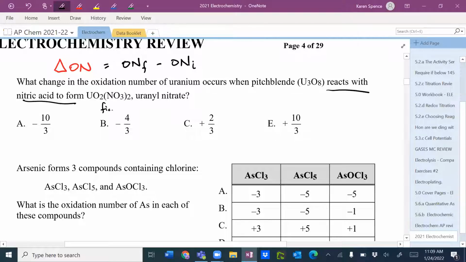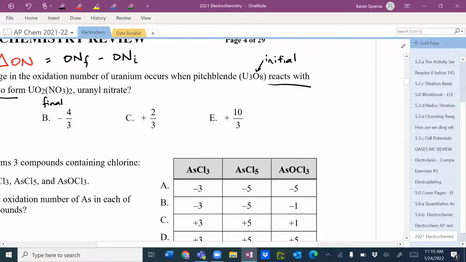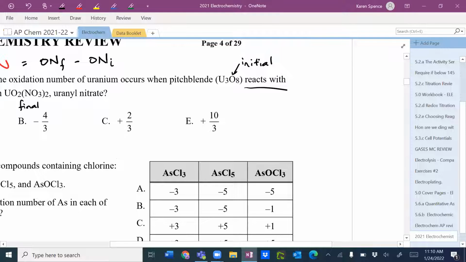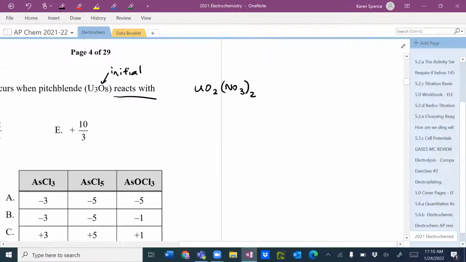So this is going to be our final state. This is going to be our initial state. And I am not good enough that I can do that in my head, so I am going to write out UO2(NO3)2. That's my final state. And I have a U, which is the thing I don't know.